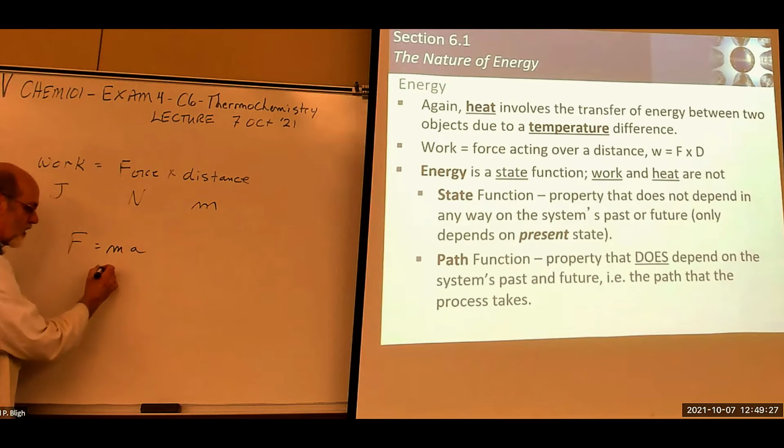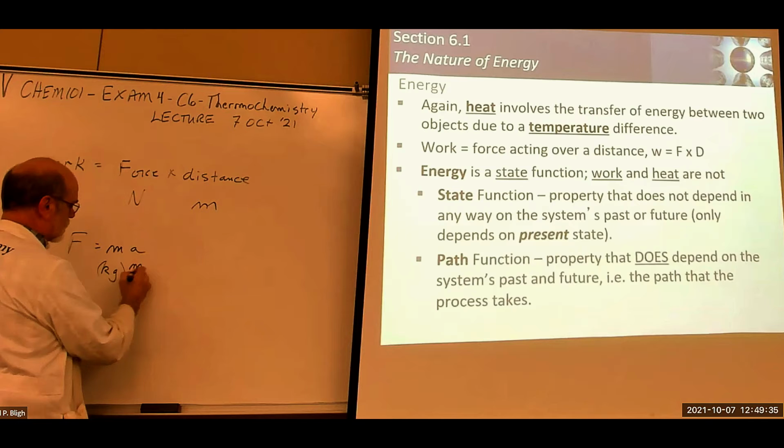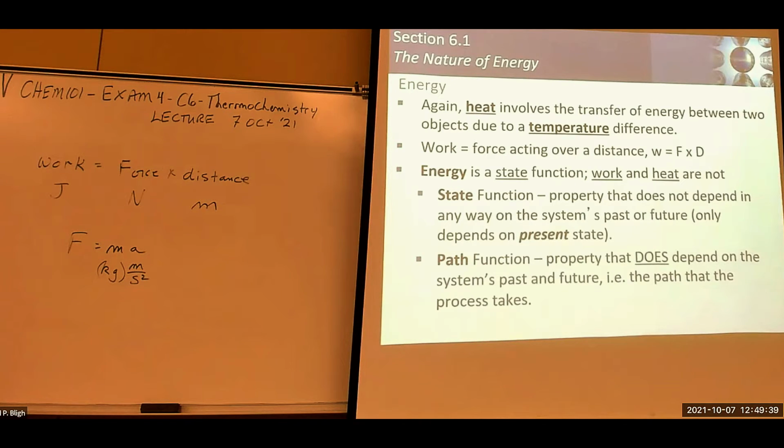Our mass is in terms of kilograms, and acceleration is in meters per second, right? Meters per second is velocity. Acceleration is the change in velocity, so it changes velocity every second. That means second has to be squared.